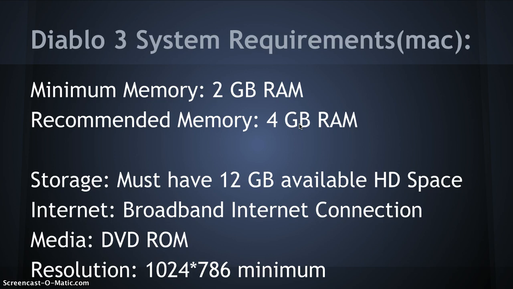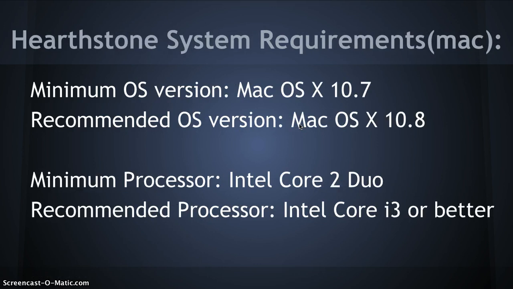The minimum memory you require is 2 GB of RAM. Recommended would be 4 GB of RAM. You must have 12 GB available HD space on your Mac. For the internet, you'd require a broadband internet connection. You need a DVD-ROM drive so you can actually install the game, and a minimum resolution of 1024 by 786.